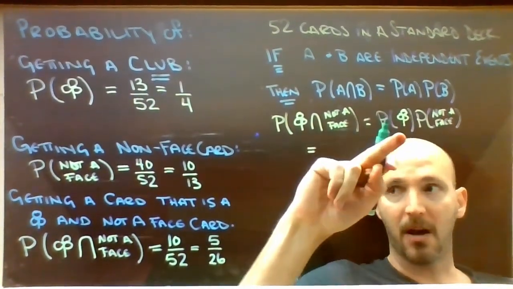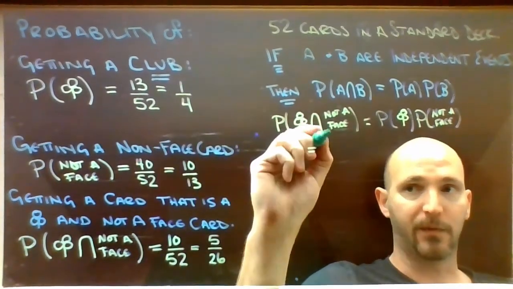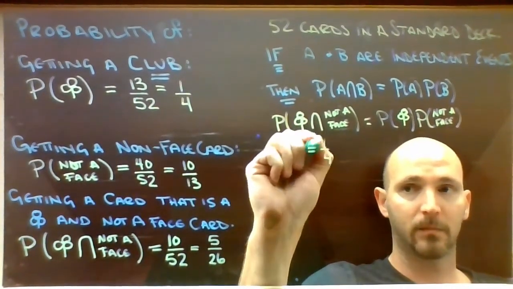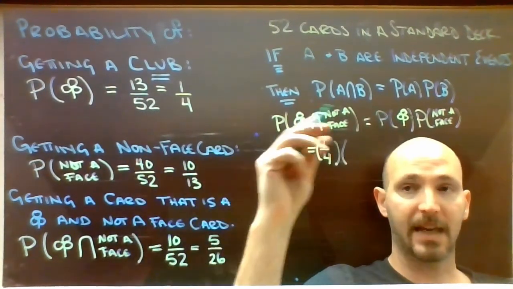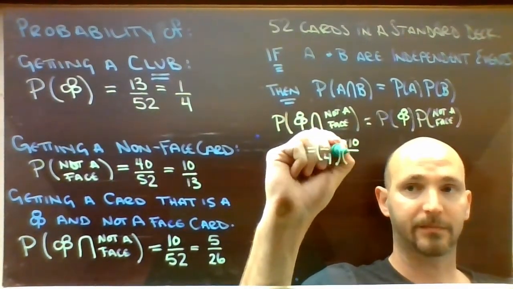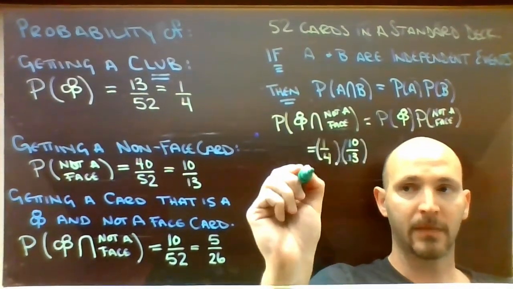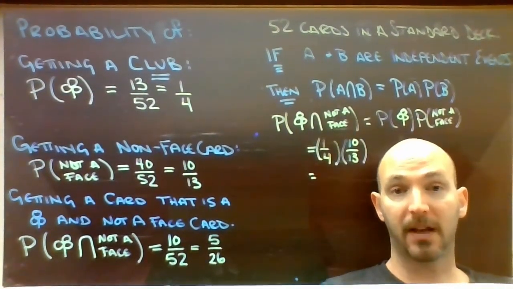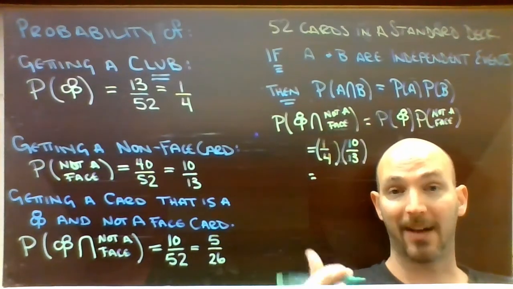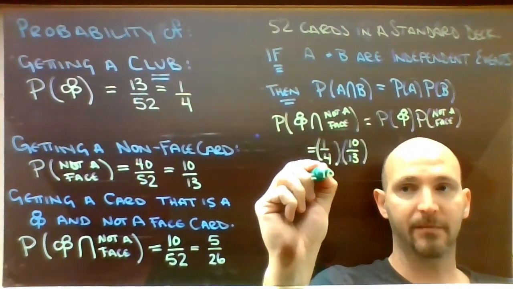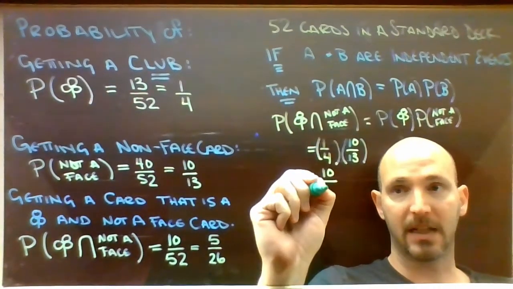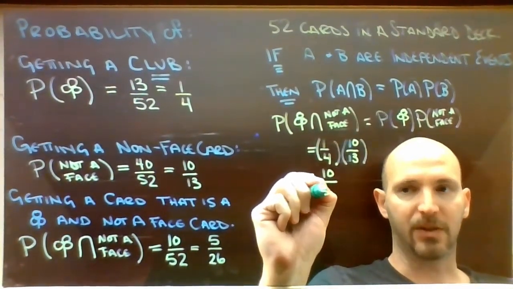Alright, now the probability of being a club was 1 out of 4. And the probability of not being a face card was 10 out of 13. Now, if you multiply those two things together, because you have excellent fraction skills, numerator times numerator would be 10, and 4 times 13 would be 52.